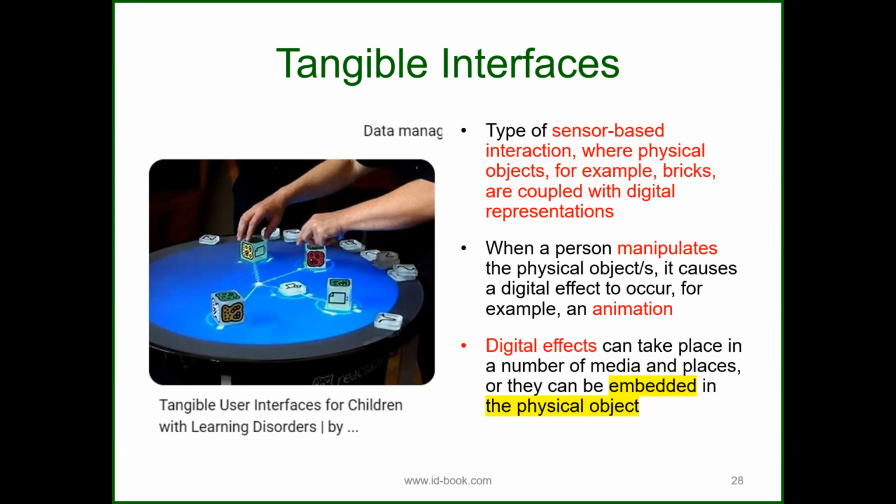So this is a new type of interface. The user receives tactile feedback through a vibration from the physical object. This feedback can include sensations such as taste, touch, pressure, and resistance, providing a more engaging experience. So it's a way of physically interacting with the digital world.